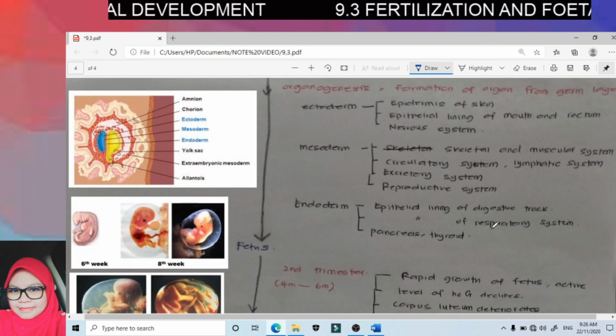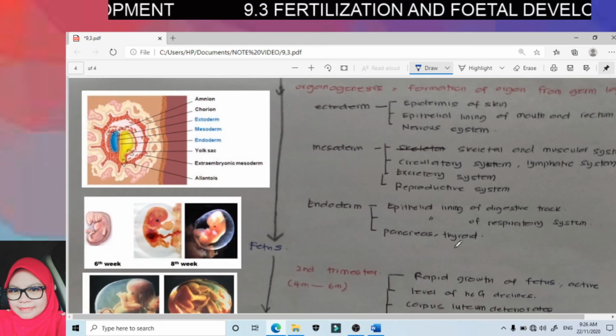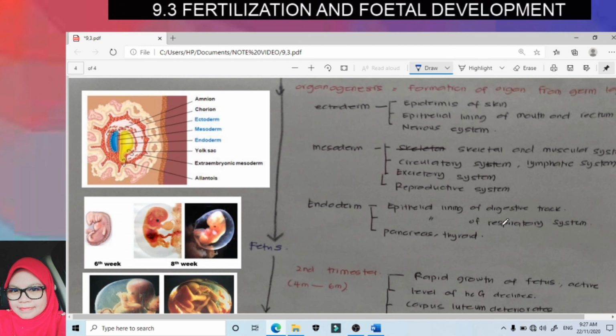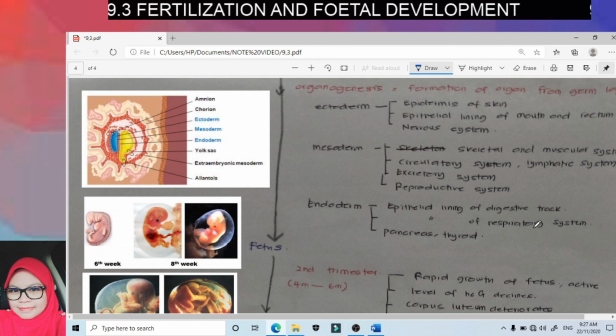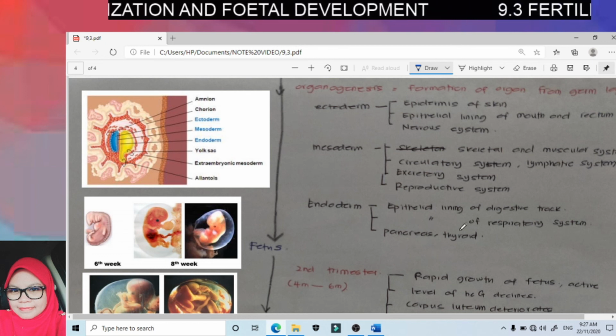And then the endoderm may develop into the epithelial lining of the digestive tract and the epithelial lining of the respiratory system, and also may form the pancreas and thyroid.